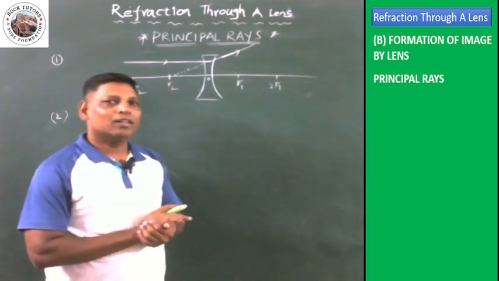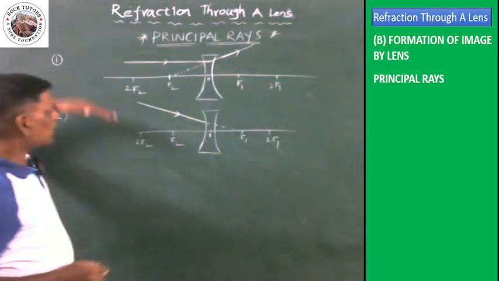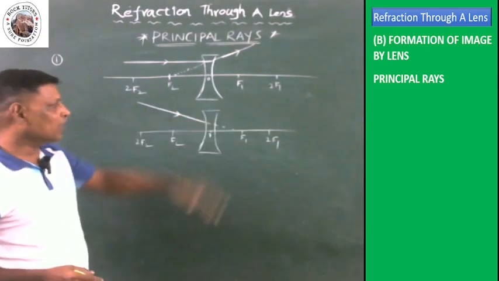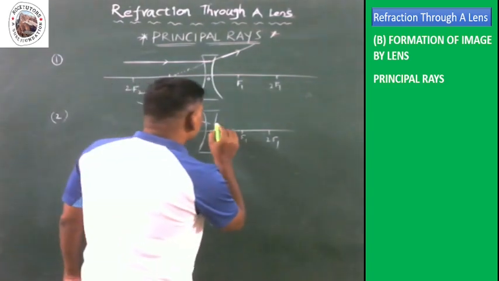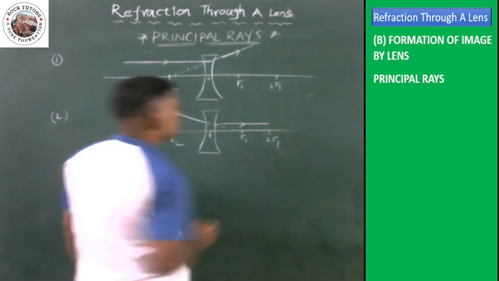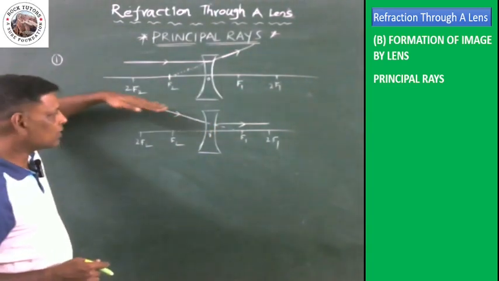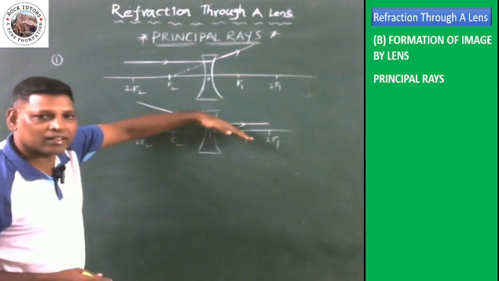Now, second principal ray. This ray is passing through focus, then after refraction it will be parallel to principal axis. If this lens is not there, this ray would meet at this point.